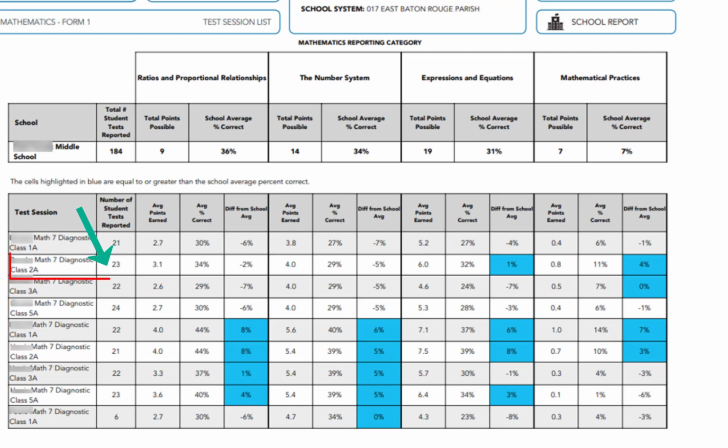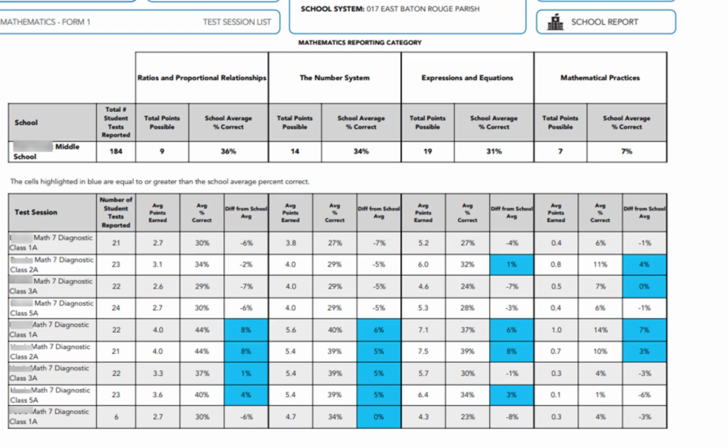For teacher 2, there were 23 students. Those 23 students scored on average 3.1 out of 9, which is 34% correct. And that student on average was 2 points below the school average.